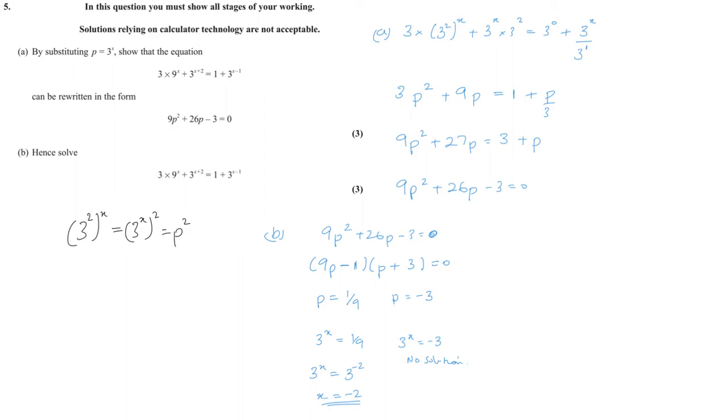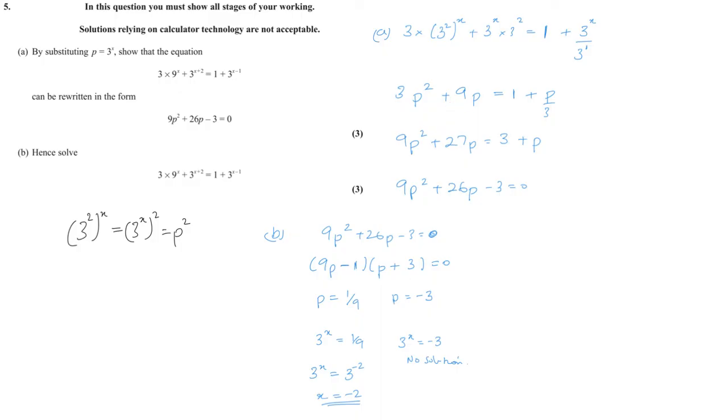All in all, quite a straightforward question. In the beginning, I would suggest this type of thing. This 3 to the power 0 wasn't needed, it can stay as 1. But converting there before jumping in with the p's, okay, just to make sure you get your full marks there.